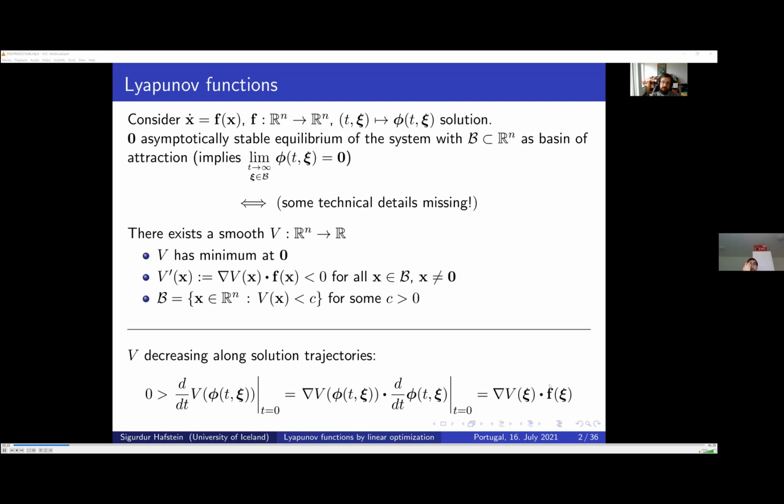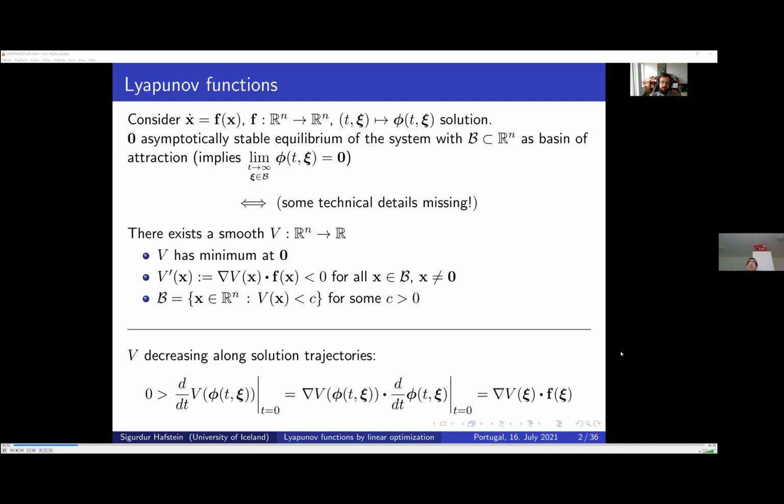So we have eliminated the formula for the solution, because of course we usually don't know it, and in general it's impossible to get a formula. You can at most have some numerical schemes to generate solution trajectories for some particular initial values.